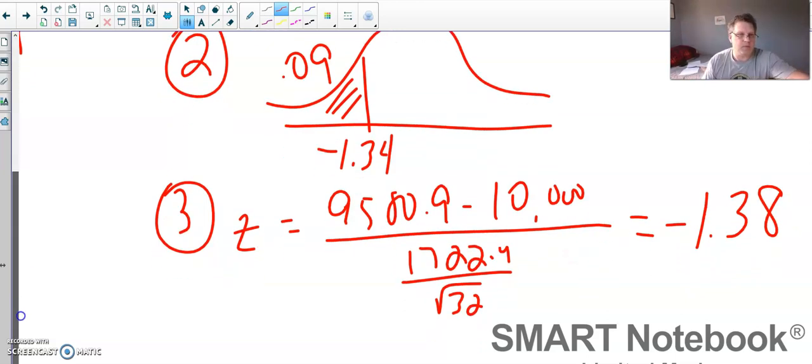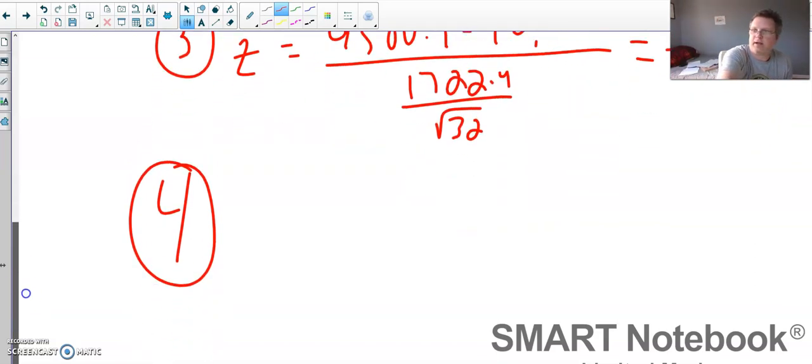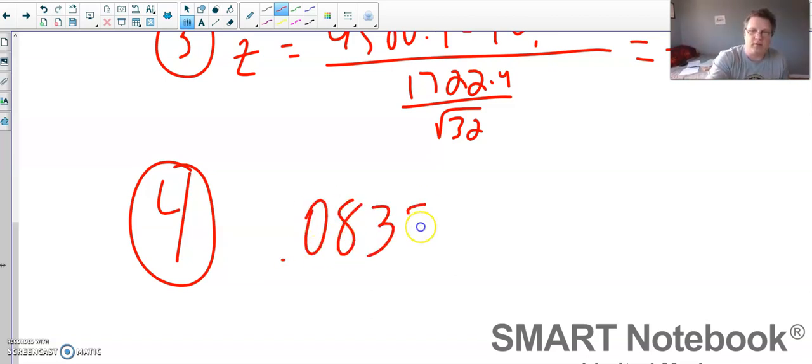Then remember, from a Z value you go to a p-value. So what did I have? Negative 1.38 gives me 0.0838. And remember, you always shade away from the center, so I don't have to subtract that from 1.